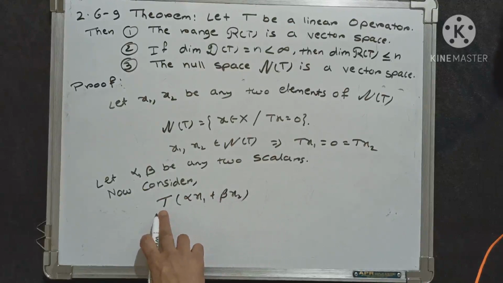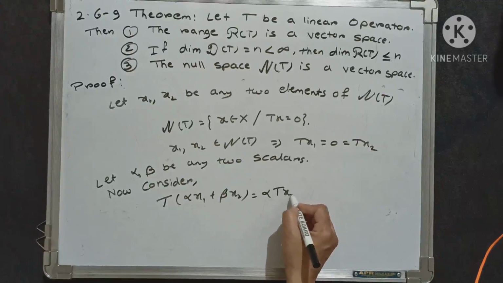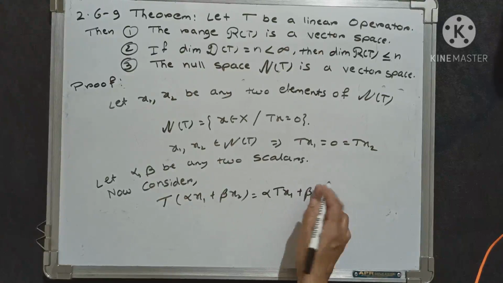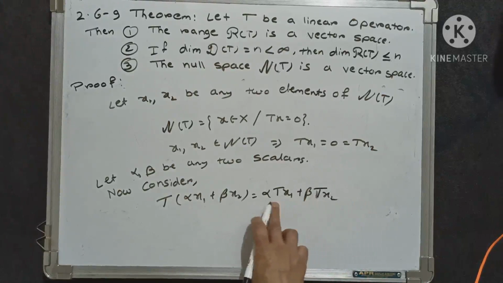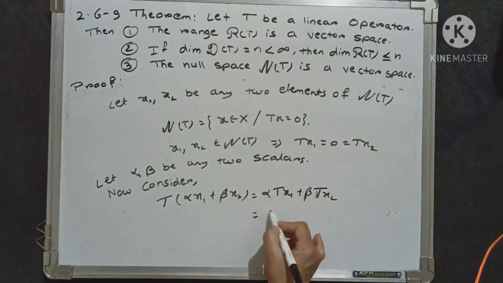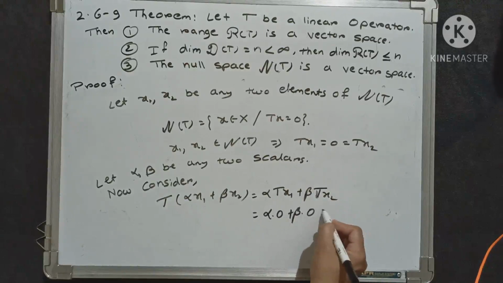Since T is a linear operator, it equals alpha Tx1 plus beta Tx2. Now Tx1 equals 0, and therefore it equals alpha into 0 plus beta into 0, which is also 0.